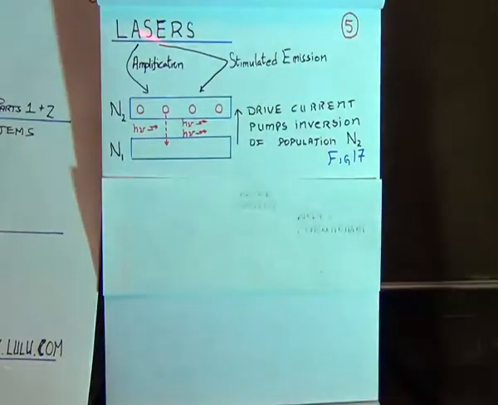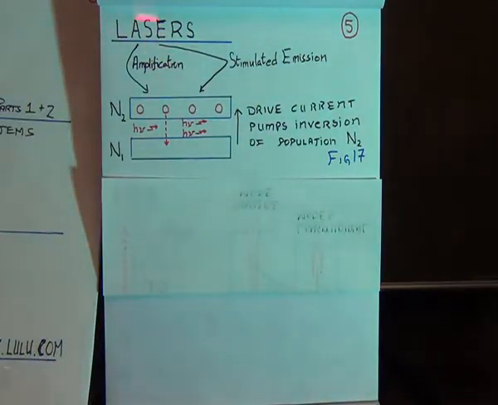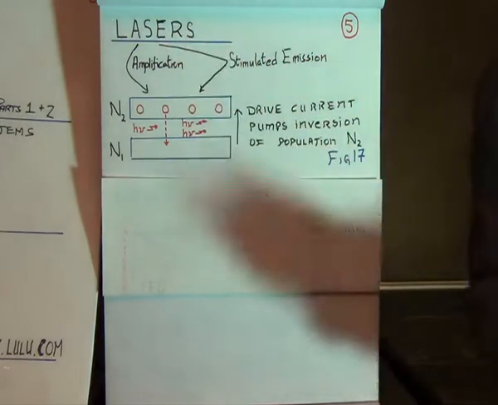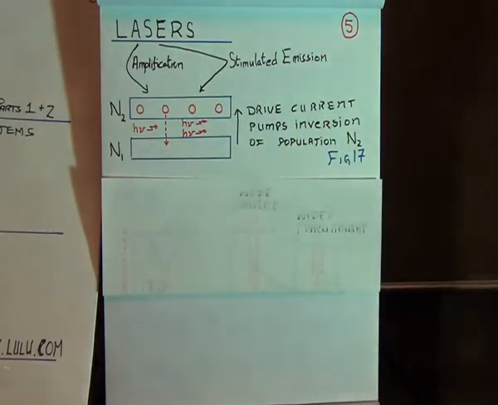However, there's one letter missing from LASER, and I'm going to ask you, can you guess what it is? Because as that stands, we would call that a semiconductor laser amplifier, or a semiconductor optical amplifier. It's not quite a laser yet.